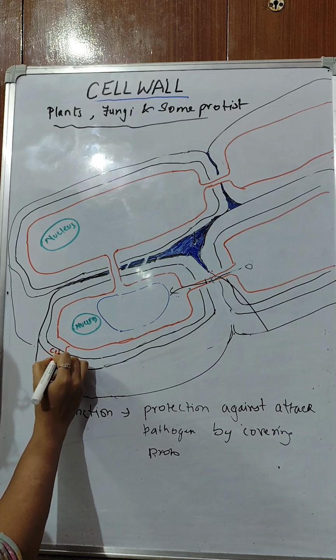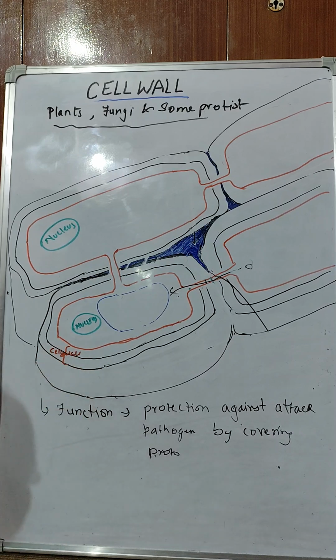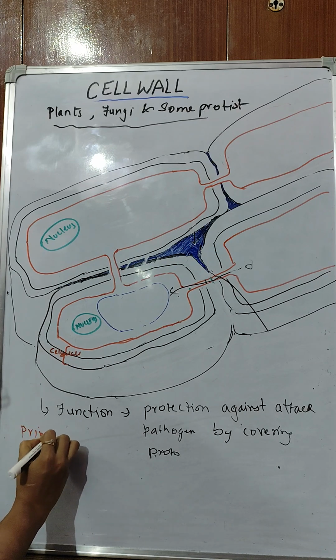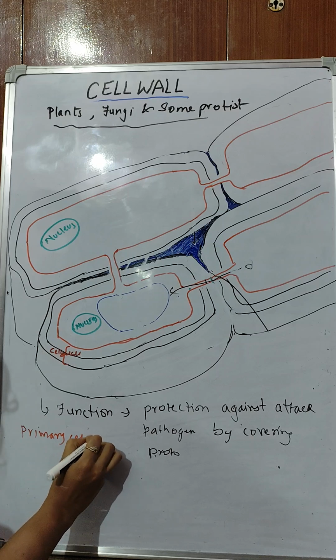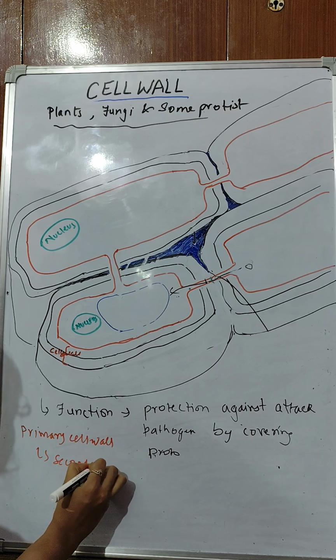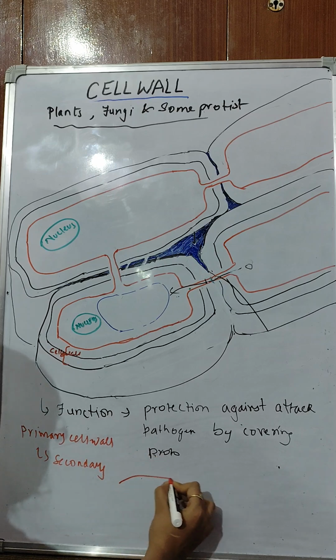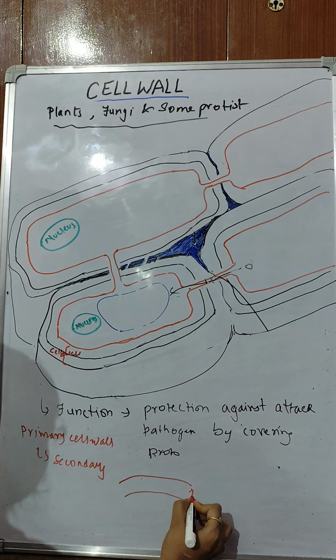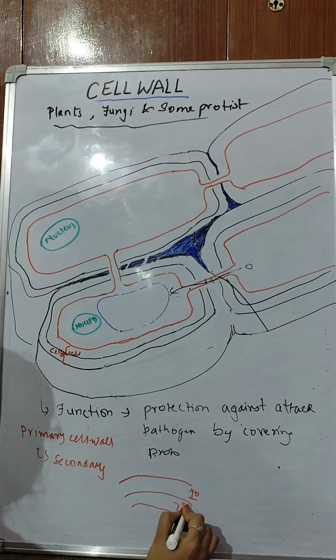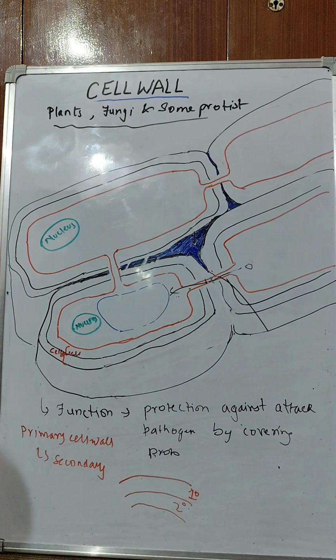Now as the cell matures, this cell wall will get divided into primary and secondary. First of all the primary cell wall is formed, and then later the secondary cell wall is formed inner to this primary cell wall. So with time the cell wall will form.